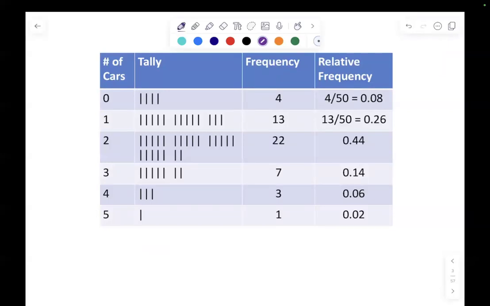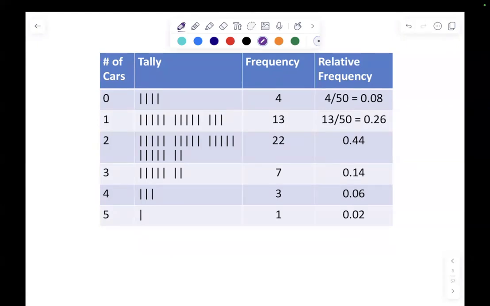So we're not really treating them as numbers. We're just treating them as outcomes, just like we did with the categorical data. And so I tallied up how many people in my sample had 0 cars, 1 car, 2 cars in their family, all the way up to 5.